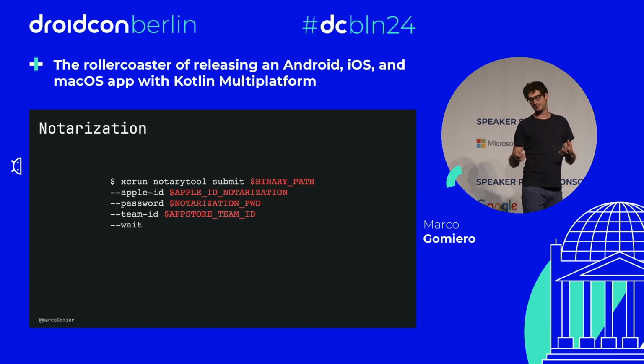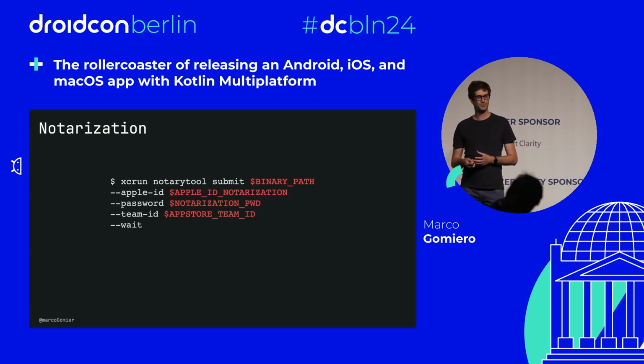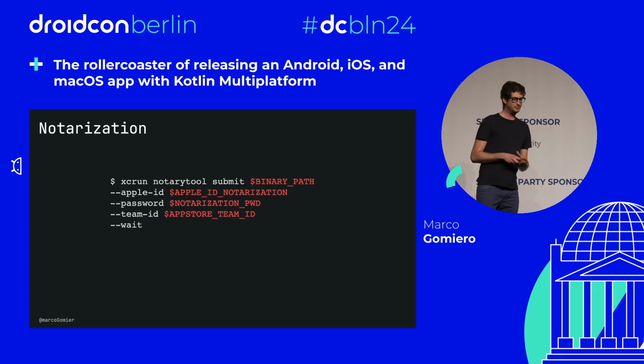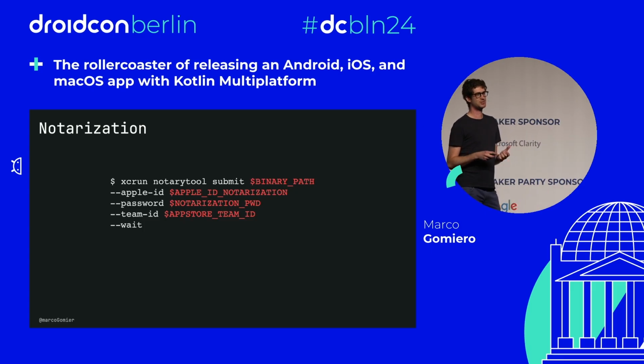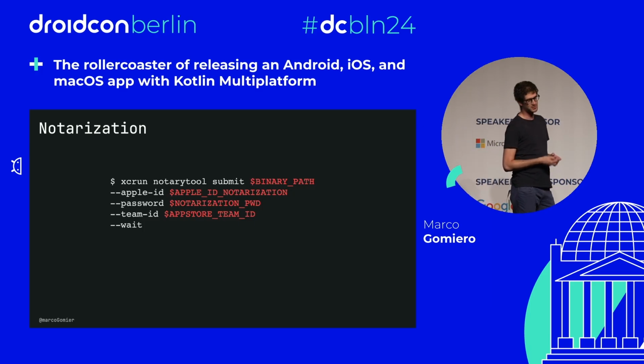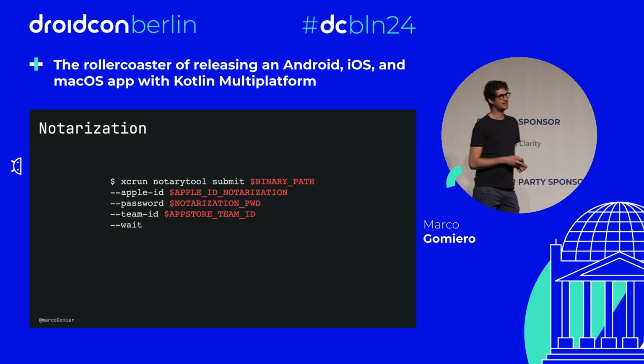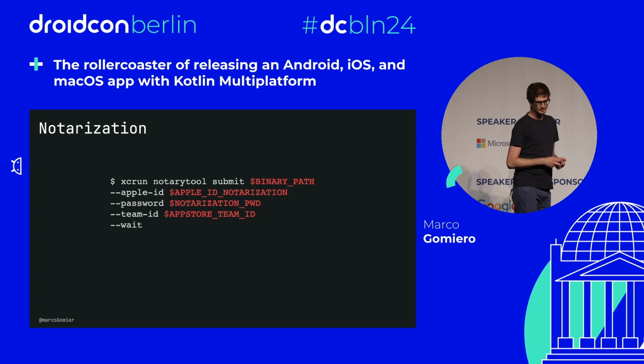And to do that, since there's no Xcode involved, you need to use the CLI from Apple, which is the notary tool. You have to pass some information to it. This process is going to take a couple of minutes, so you have to wait until Apple is done with the process. That's why you pass the --wait flag, because it pauses the execution until Apple is happy with the result.